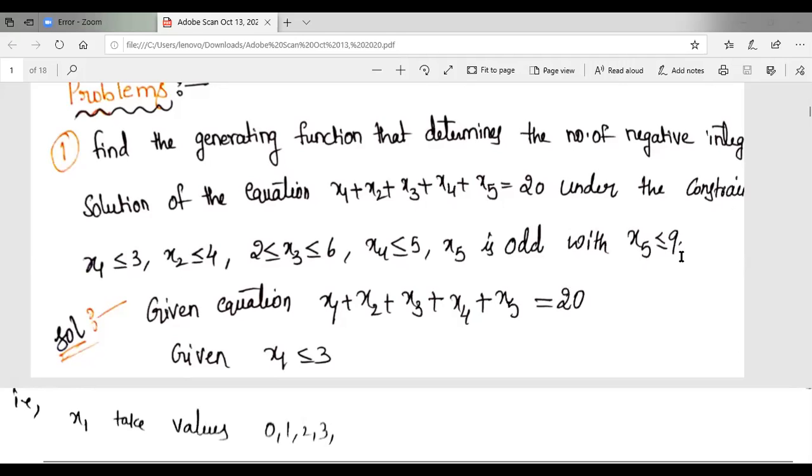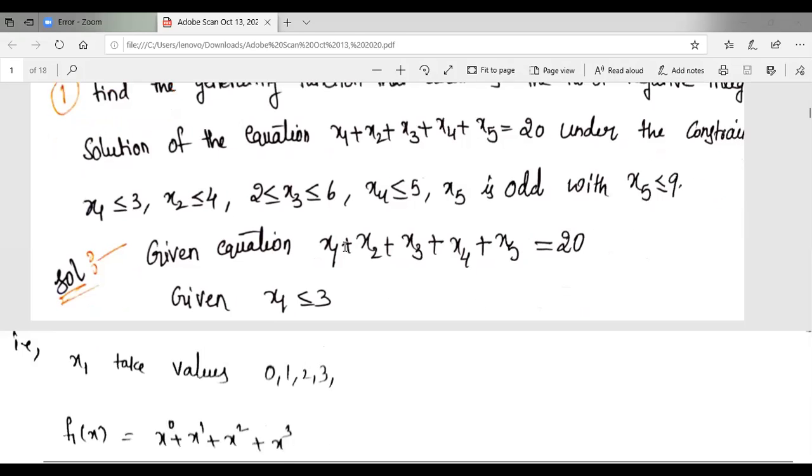Okay. So using these constraints and the function, we have to find the generating function for the given equation x1 + x2 + x3 + x4 + x5 = 20. First, the constraint for x1 is x1 ≤ 3. So we take the integer values less than or equal to 3, meaning 0, 1, 2, 3. Next we define the function for x1: f1(x) = x^p1, where p1 is 0, 1, 2, 3.